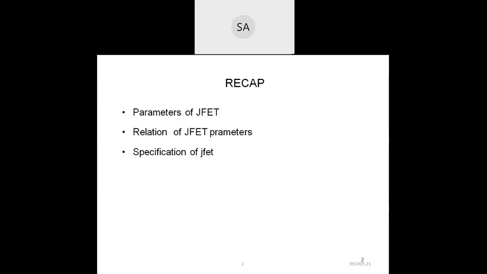We discussed so many specifications to check while choosing any product: saturation current, pinch off voltage, transconductance, drain resistance, cutoff voltage, drain source on resistance, drain gate breakdown voltage, gate source breakdown voltage, noise figure, drain source voltage, drain current, zero gate voltage, input capacitance, and power dissipation. So these are the topics we discussed in the last lecture.